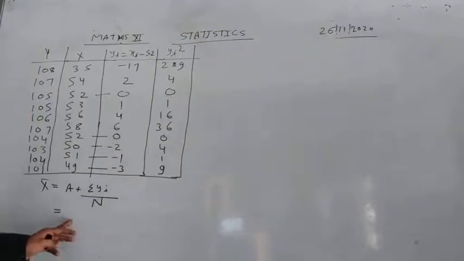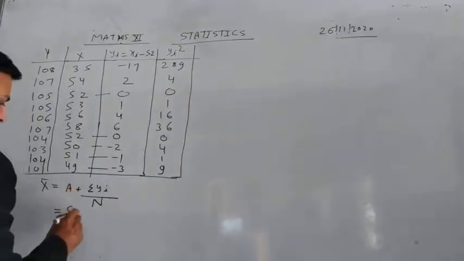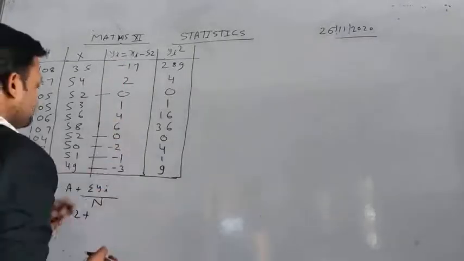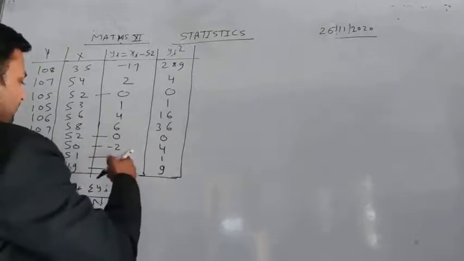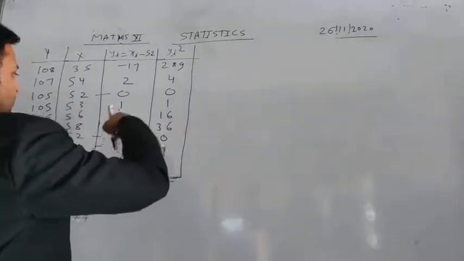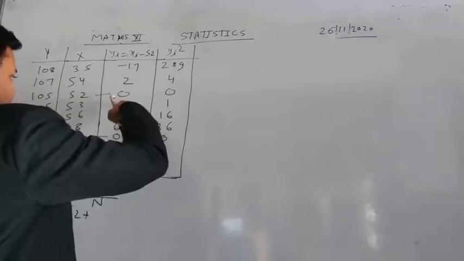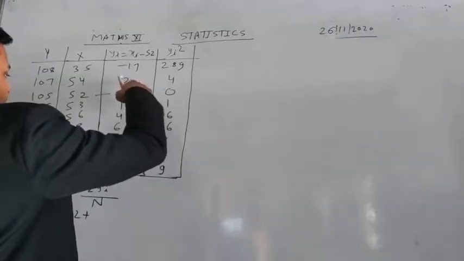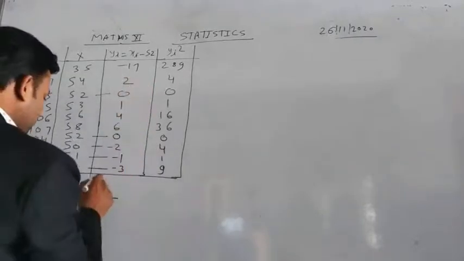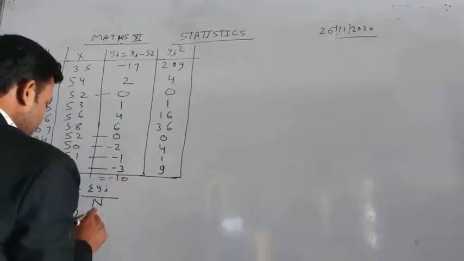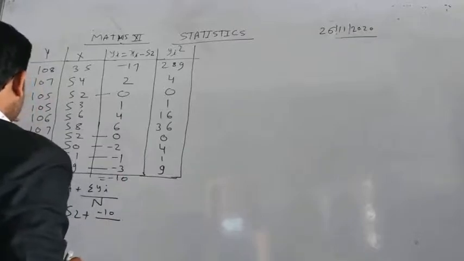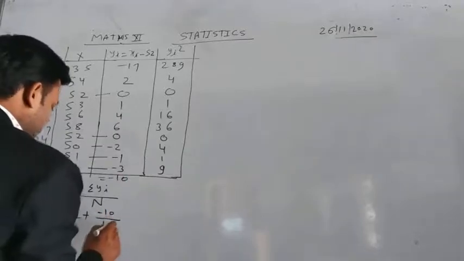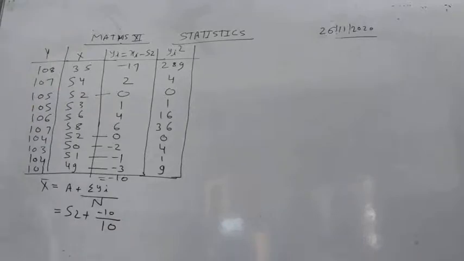A is 52. For summation yi, we add these: minus 17, 2, 1, 4, 6, minus 2, minus 1, minus 3, and it comes to minus 10. And n is 10.